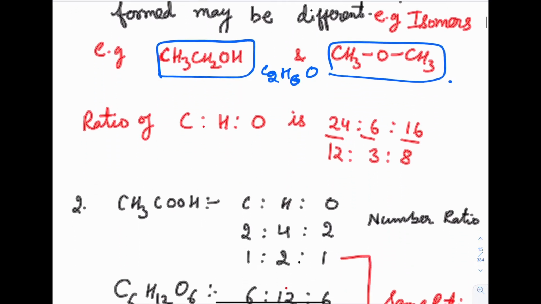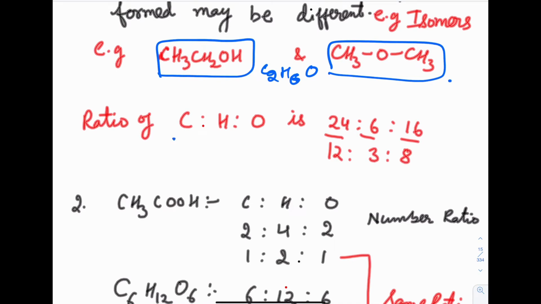These are two different compounds, but the ratio of carbon, hydrogen and oxygen by mass or by number is the same. Carbon, 2 carbon 24, 6 hydrogen 6, 1 oxygen 16. So this ratio is 12:3:8. So we can say that even different compounds can have the same mass ratio.